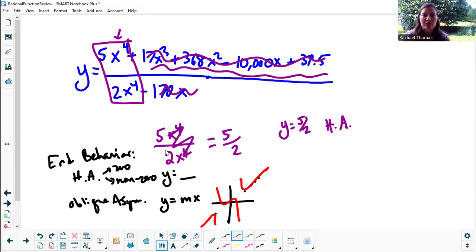So end behavior would be horizontal asymptote or oblique asymptote. For these, I encourage my students to say goes to positive or negative infinity, choosing one. Like if I say, what's the end behavior on the right? In this case, they'd say it goes to positive infinity. Over here, they could say it goes to negative infinity because of the way those particular branches that I've drawn have gone. Okay, because we don't need to be terribly specific here.